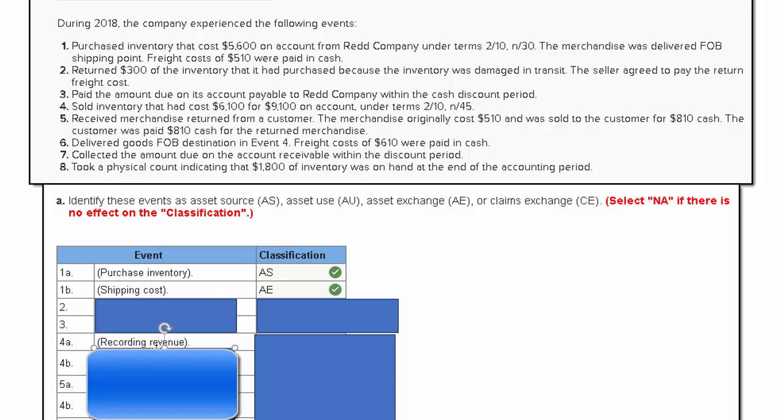First, we have recording the revenue, right? And the recording of revenue portion would be what? An asset source, an asset use, an asset exchange, or a claims exchange? Okay, well this time it's an asset source transaction. We record the revenue. Now this is an asset source transaction because it increases an asset, right?